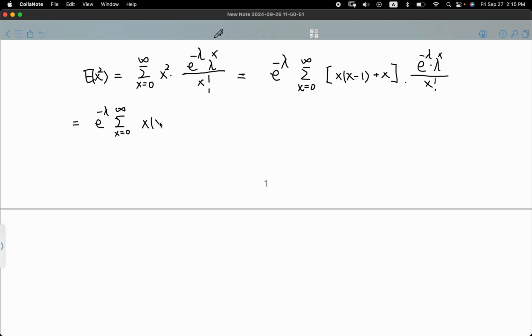So x minus 1, e lambda x, and then x factorial, and then you have a plus another copy of coefficient, summation x equal to 0 to infinity, and then you have one copy of x from here multiplied by that.